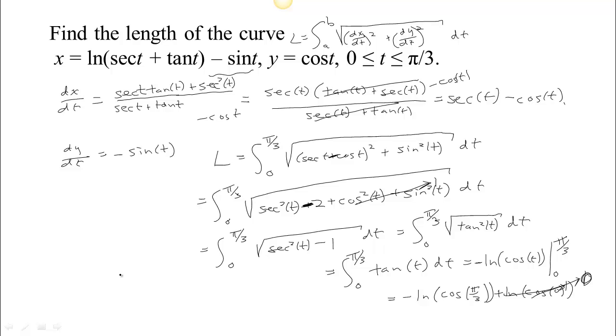So we have that the length is negative natural log of the cosine of pi thirds. Now the cosine of pi thirds is 1/2. We could simplify that just a little bit, because that's the negative natural log of 2 to the negative 1, and then because of the power rule for natural logs, that can come down in front. So we get positive natural log of 2 as the length of this curve.